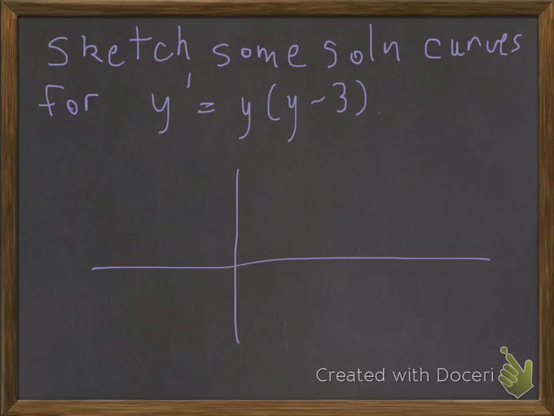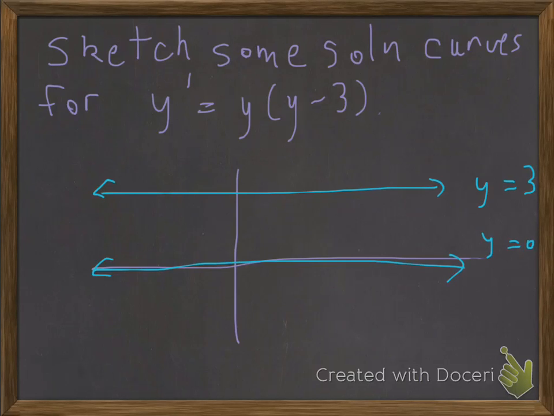I'll start with the two that I know explicitly a formula for, namely my constant solutions, y equals 3 and y equals 0. Now, on my picture before, I saw that if y was something greater than 3, my solution is going to be increasing.